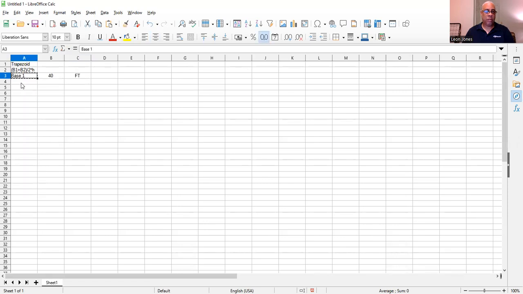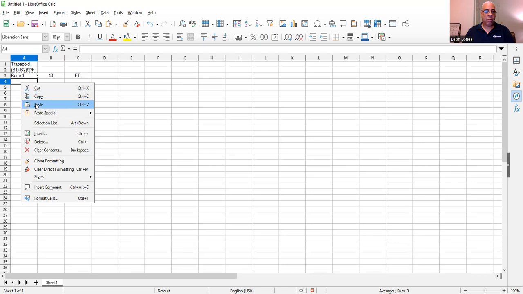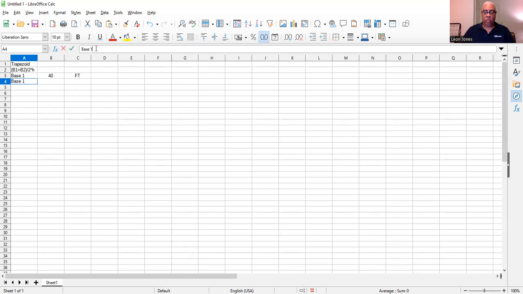Let's call this base 2. Let's just copy this. Let's call it 40. Make something easy. And we'll call it feet. And let's say we have a height of 24 feet.